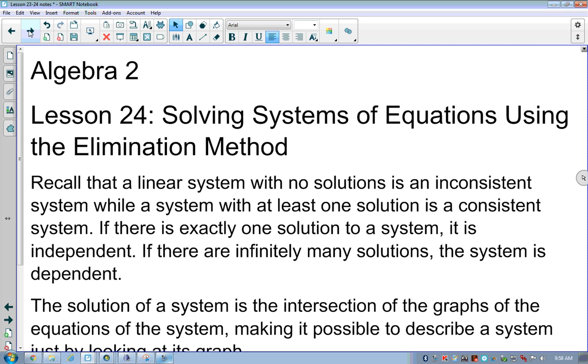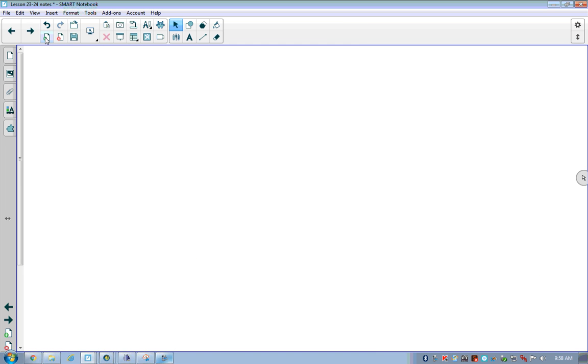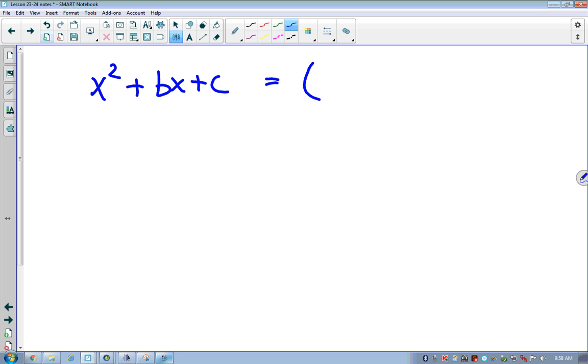Solving systems of equations. In fact, what I want to do before I go on past that is I'm going to insert a slide here so you're aware of something, right? If I have x squared plus bx plus c, I just want you to understand we're going to get plus plus. Okay, let's actually put these together.